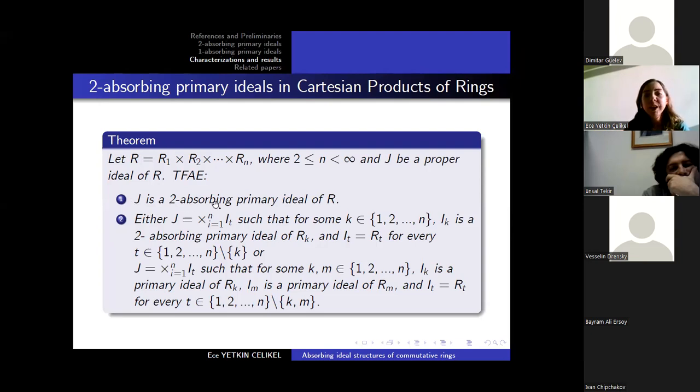So if J is a two absorbing primary ideal, you have two cases. J should always be in this form, where one of the ideals IK is two absorbing primary, and all of the other ideals should be equal to the whole ring. Or two of them, IK and IM, are primary, and all other ideals should be equal to the whole ring.